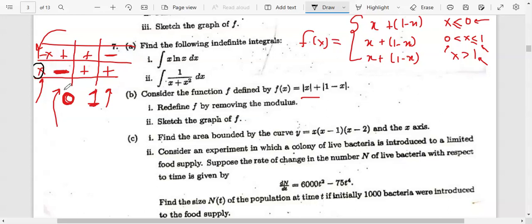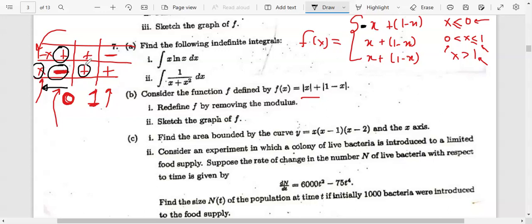Now, if you look at x, for values of x less than 0, the sign is what? Negative. Meaning that for the first equation where it is less than 0, for x I'm supposed to attach a negative. And then for the 1 minus x, for values of x less than 0, it is positive. So I was supposed to attach a positive, but nothing will change.